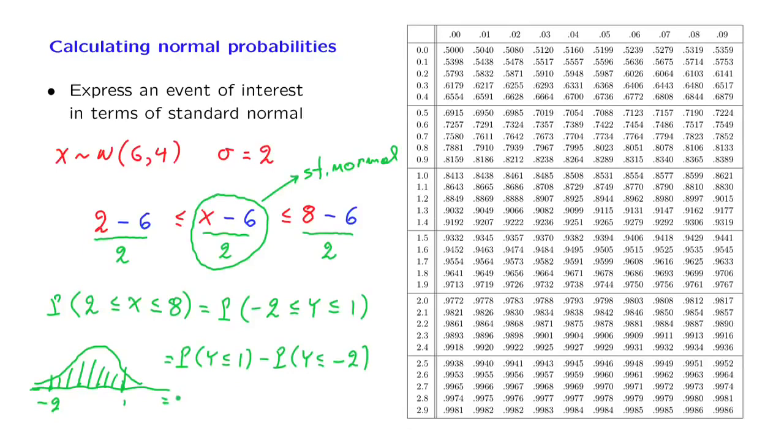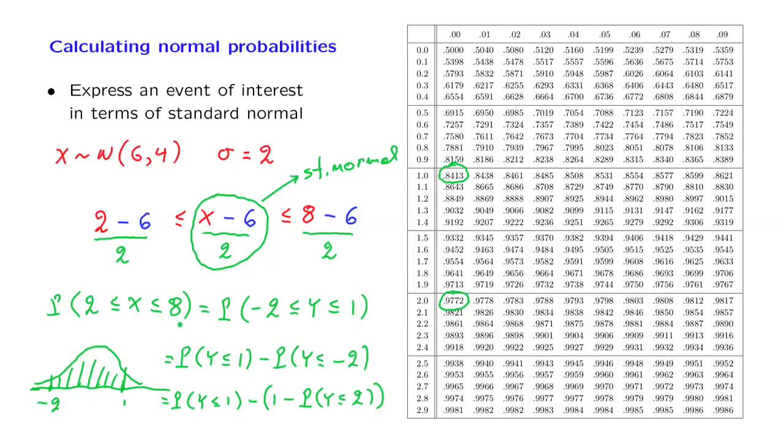And finally, as we discussed earlier, the probability that Y is less than minus 2 is 1 minus the probability that Y is less than or equal to 2. And now we can go to the normal tables, identify the values that we're interested in, the probability that Y is less than 1, the probability that Y is less than 2, and plug these in.